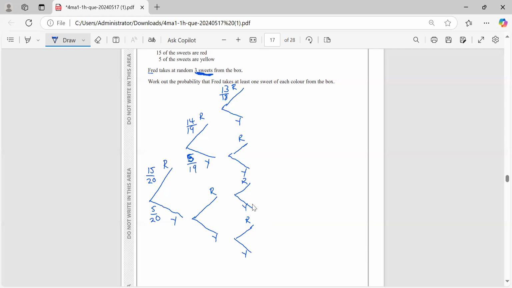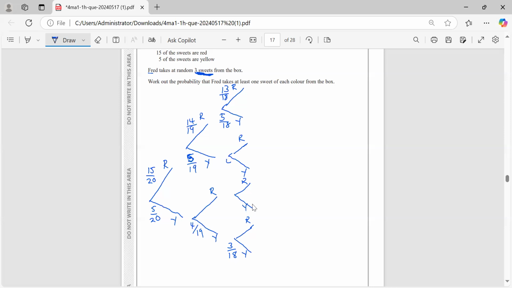So it's 5 over 19, right? So same thing happens here. It's going to be 4 over 19 and then 3 over 18, right? So you can actually go ahead and finish up the whole diagram. But okay, let's just finish up the whole diagram and then I'll show you how it's going to look. So this 13 over 18 is here, we're going to have 5 over 18 and this is 5 over 19.